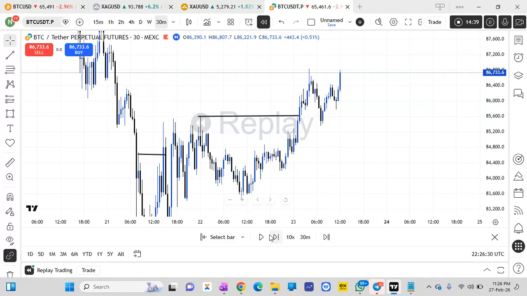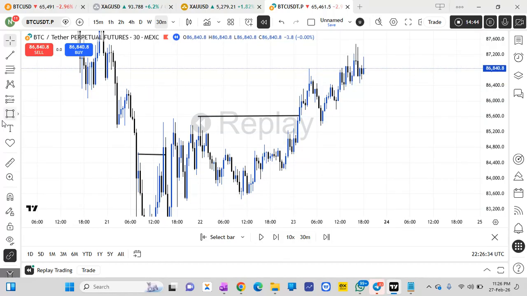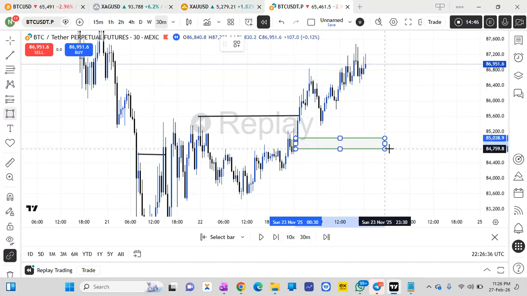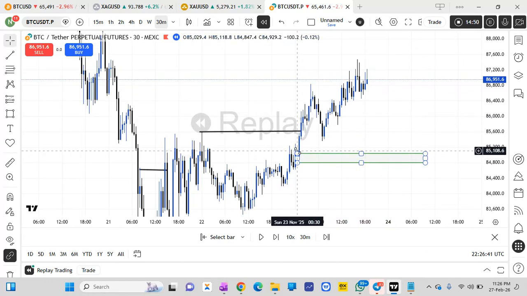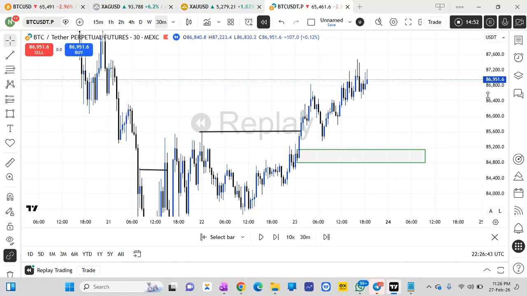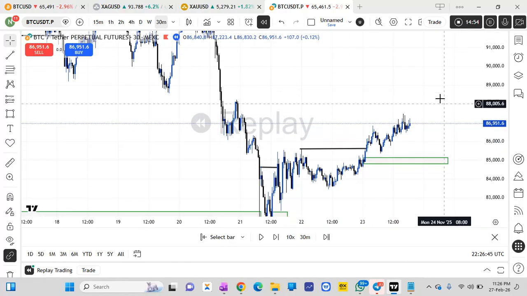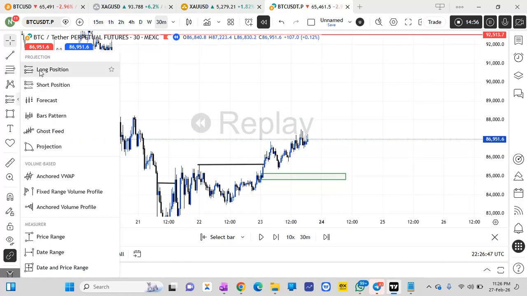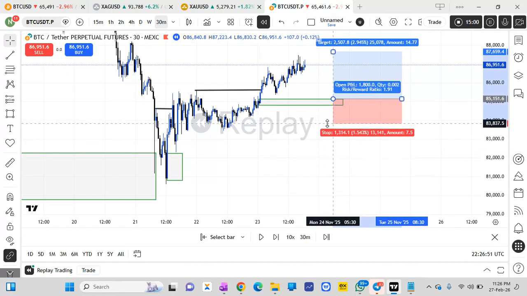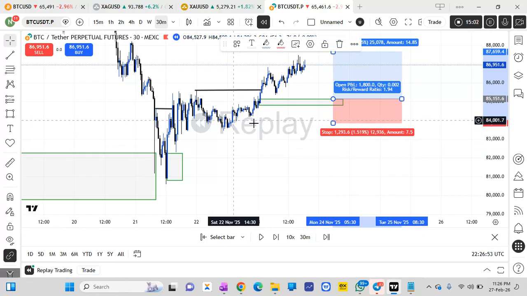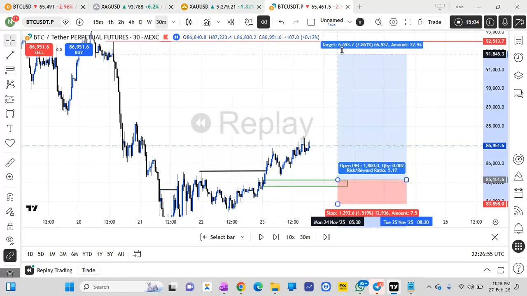For now, I still have this zone here. This is what I want to buy from. This is the last week rejection, with placement targets here.